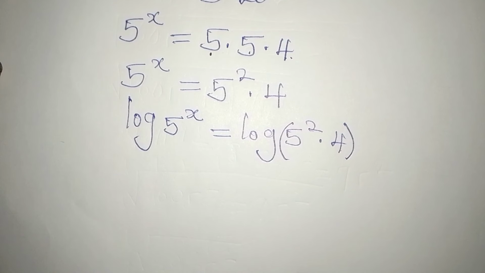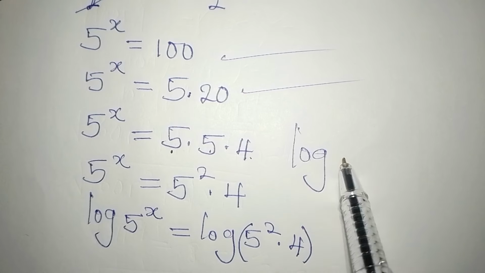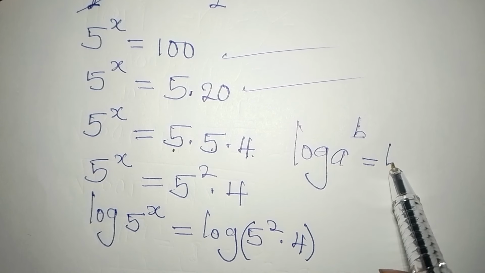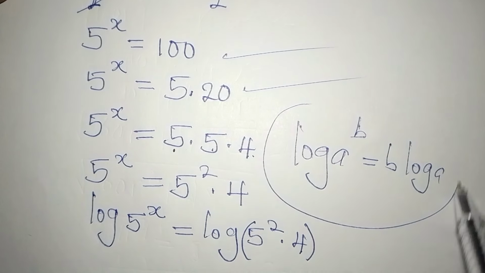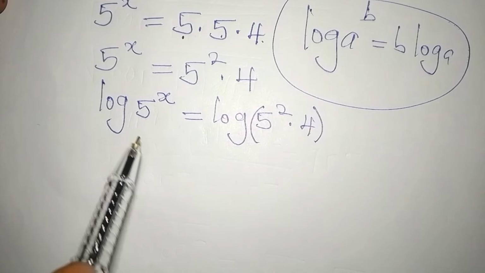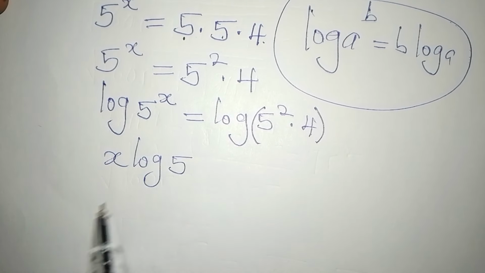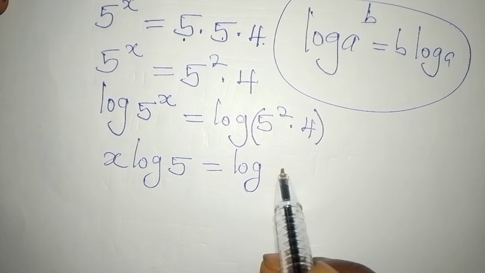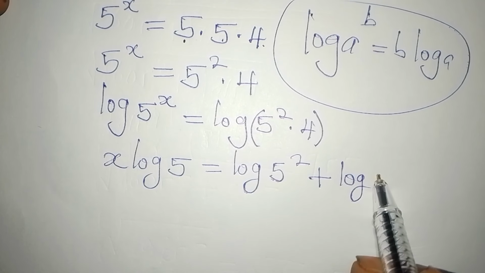Now, the power can also go behind, because if you have log a to the power of b, this is the same as b log a. So let's apply this to what we have right here, as we have x log 5 to be equal to log 5 squared plus log 4.